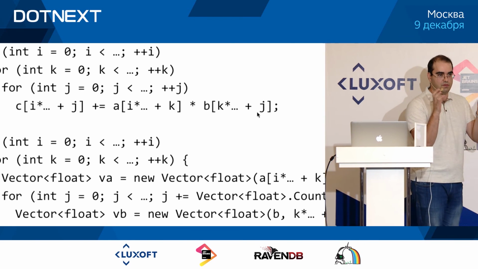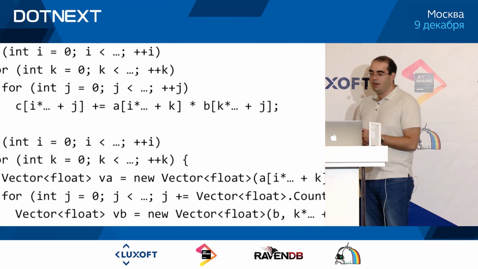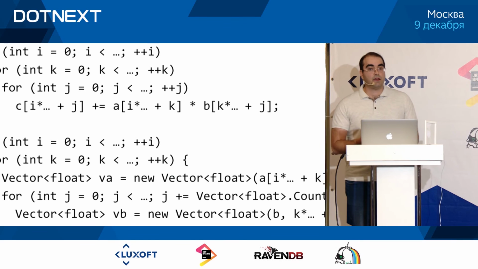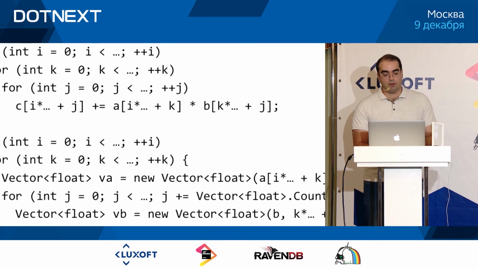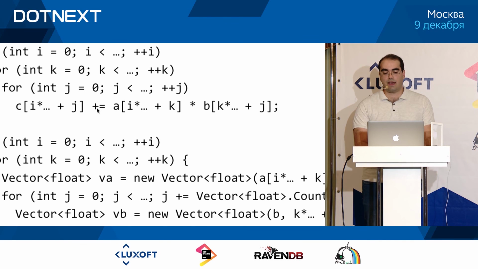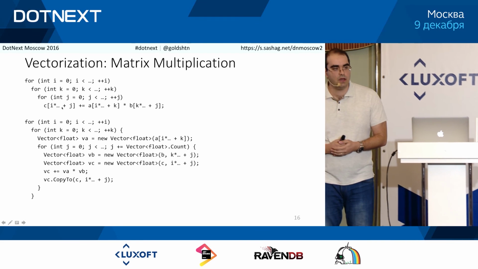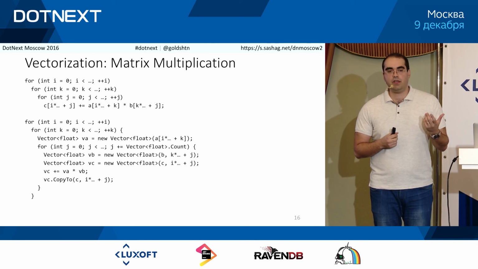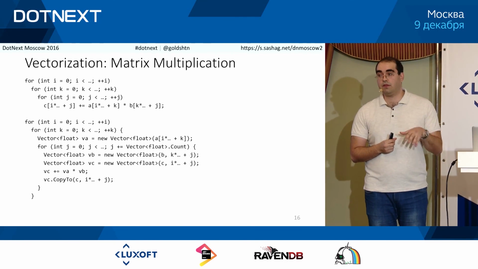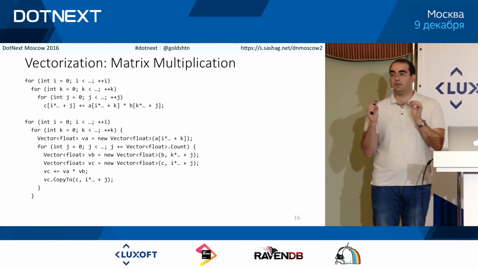That's just the core of the whole thing. And this can be done using vector instructions instead. So instead of multiplying 2 floats and then adding that to another float, you can be multiplying 4 floats, or even 8 floats, or even 16 floats on modern hardware in each loop iteration.